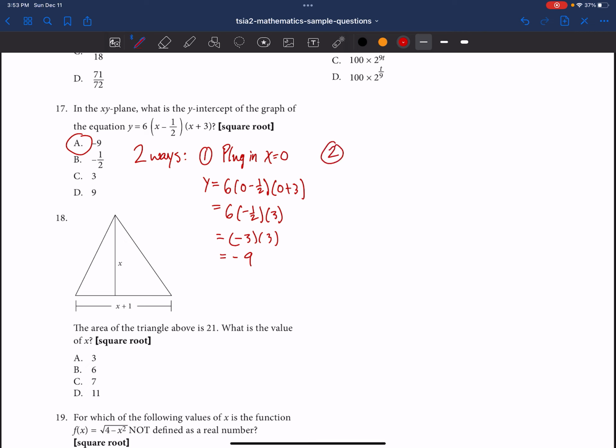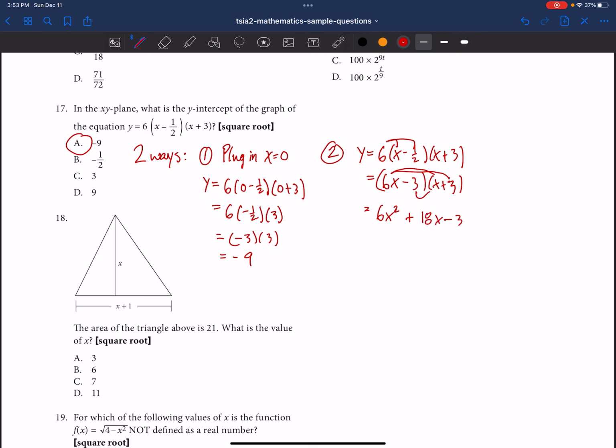If you distribute this into standard form, just give me 1 second. Distribute this. So I'm going to distribute the 6 real quick. Say this equals 6x minus 3, this is x plus 3. And then I'll distribute this. 6x times x is 6x squared. And then 6x times 3 is 18x.